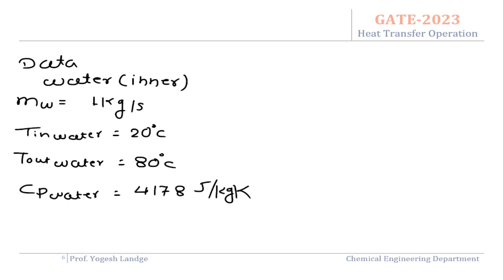Similarly, the data for the oil, which flows through the annulus. The mass flow rate of the oil is 2 kg per second.